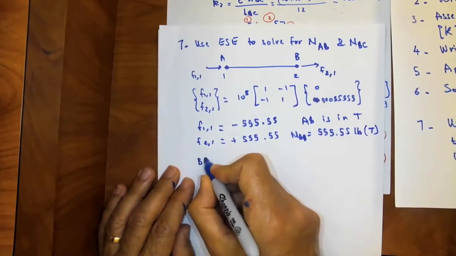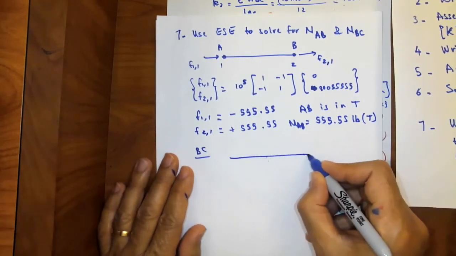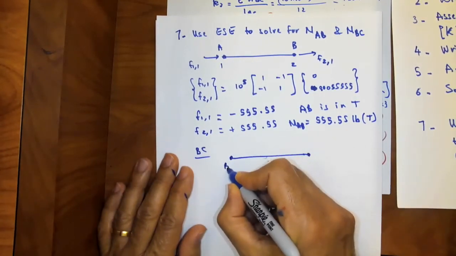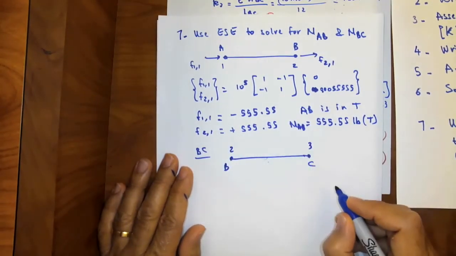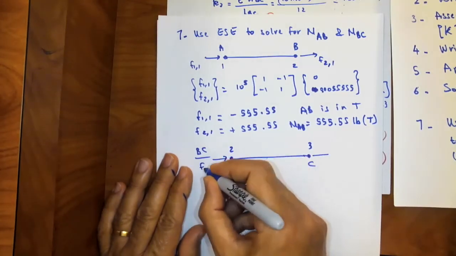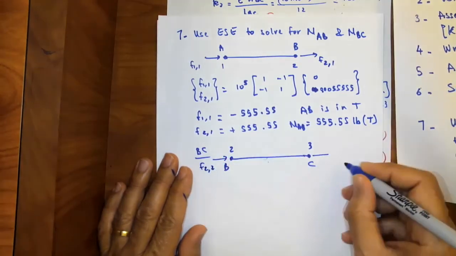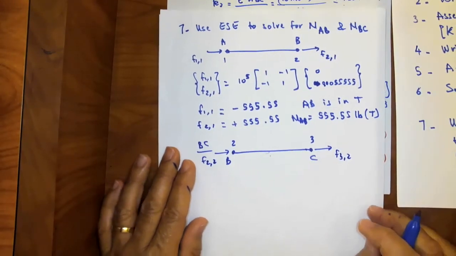Then for BC, we're also going to show BC or 2-3. And my element forces are going to be F2 as it applies to element 2 and F3 to element 2.